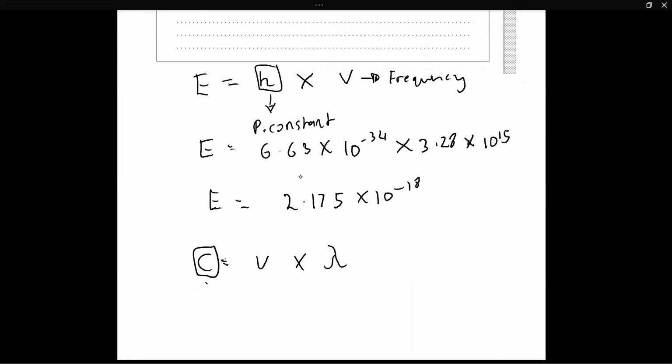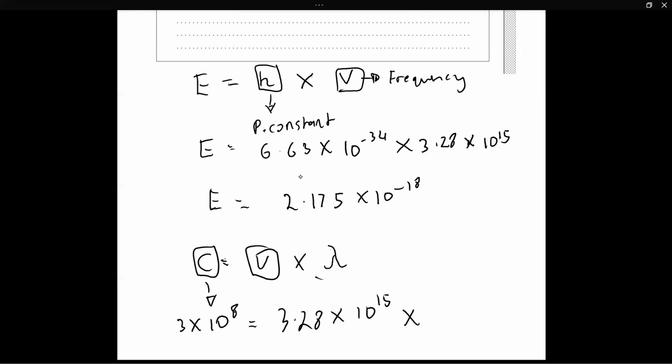c is the speed of light. So the speed of light, which is 3 times 10 to the power of 8, is equal to frequency v, which we saw earlier, which is 3.28 times 10 to the power of 15 and which we know from the question, times this funky symbol, which is wavelength.